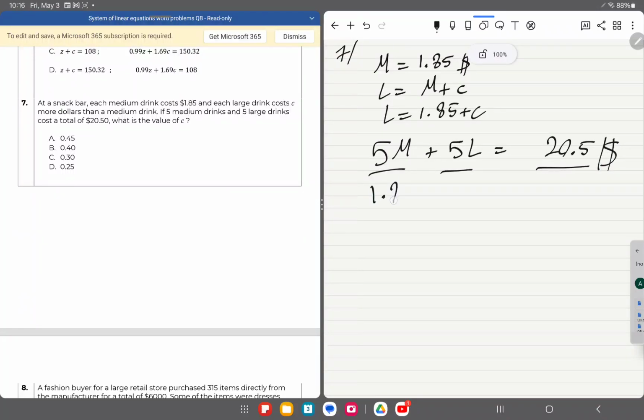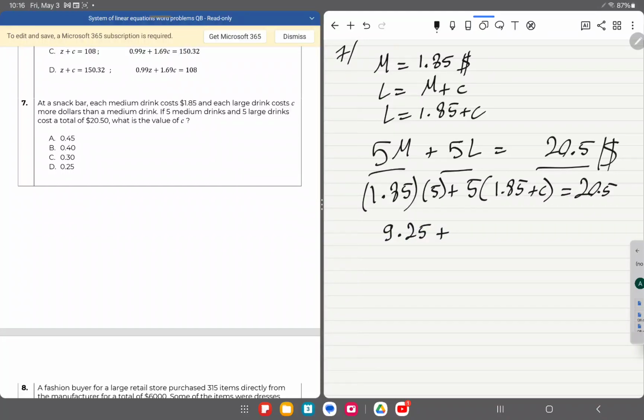This one is an easy one. 1.85 times 5 plus 5 times (1.85 plus C) is equal to 20.5. 1.85 times 5 is 9.25, plus 9.25 plus 5C is equal to 20.5.